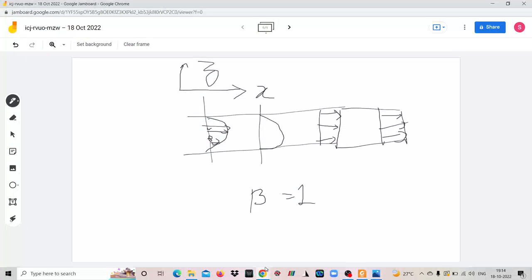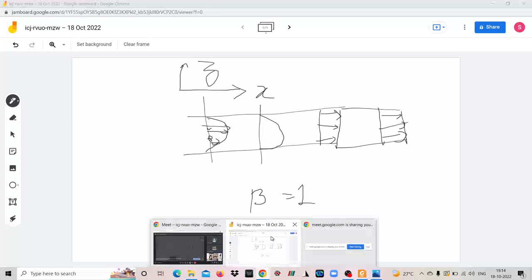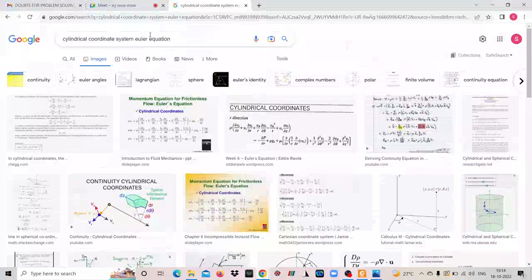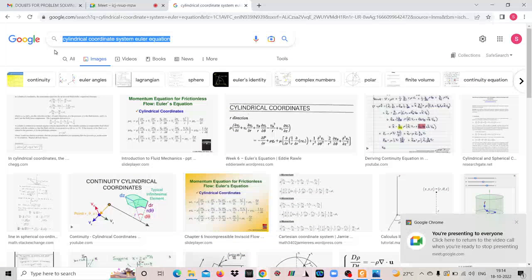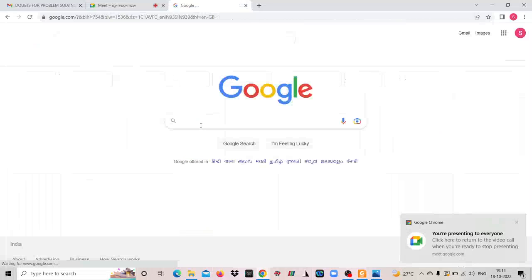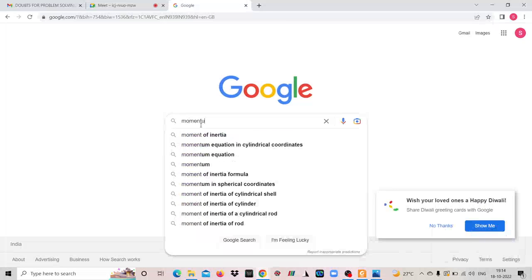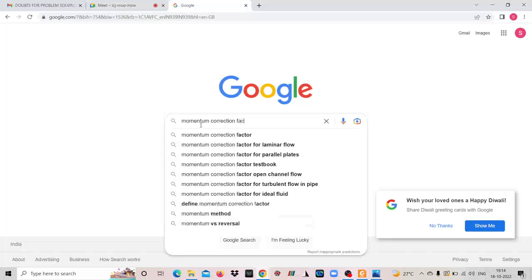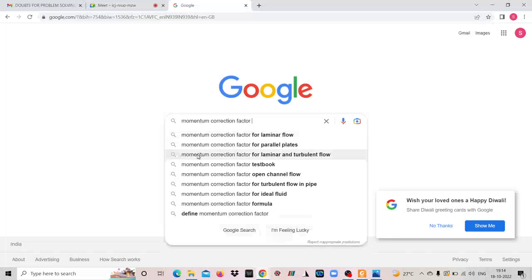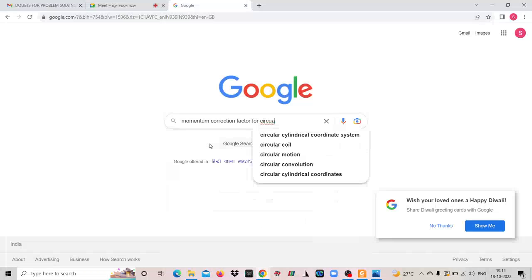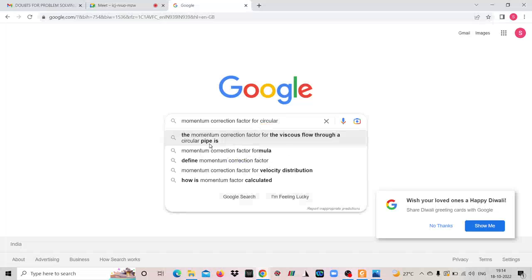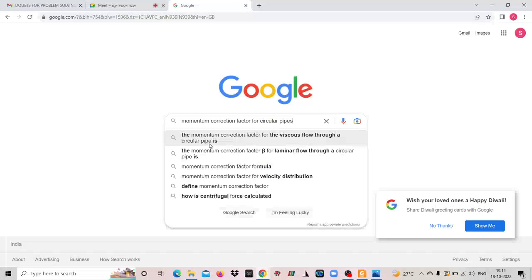See if it is parabolic. One second, now I am just writing one thing. Let me just look carefully. As I told you, I do not have the resources, so momentum correction factor for circular pipes.